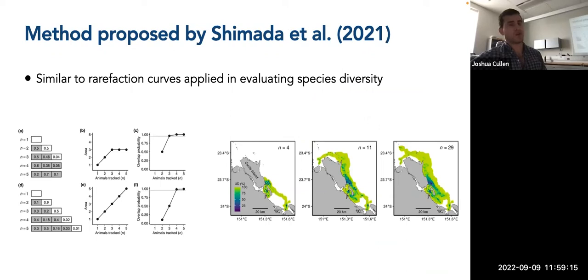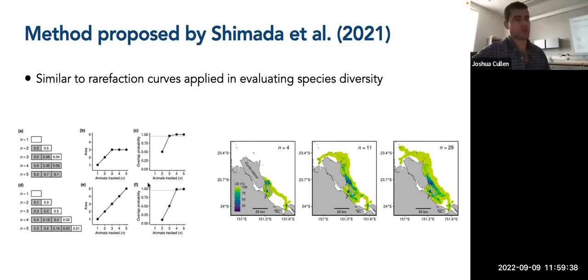similar to a rarefaction curve in community ecology, looking at species diversity, whether it's the diversity of an ecological community, or you're looking at, let's say, a dietary index, like stomach contents, and you're trying to see if you've sampled enough stomachs to characterize that diet properly.